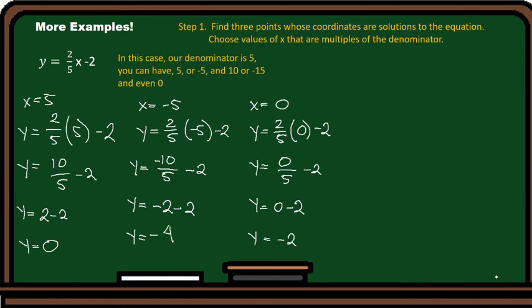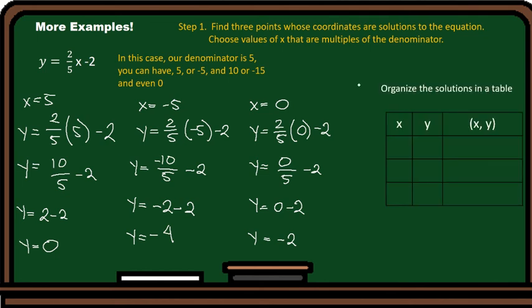Now, let's put this into our table. So, if your x is 5, we will have the y as 0. So, therefore, you will have the ordered pair 5 and 0. Next, if your x is negative 5, after solving, we come up with negative 4. So we have negative 5 and negative 4.